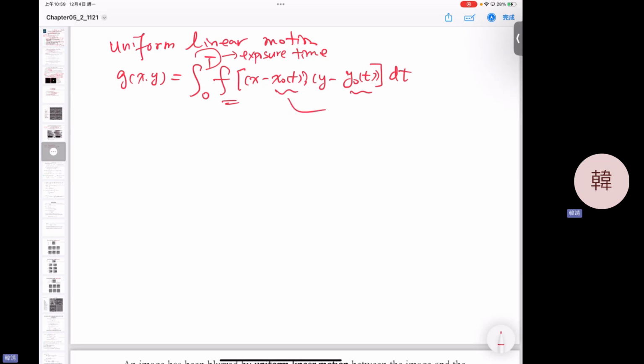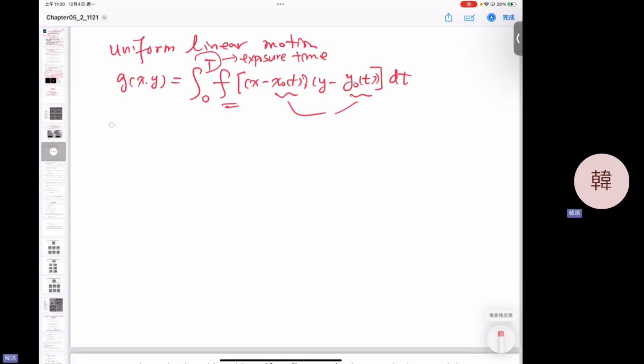If both occur, it's like a linear motion at 45 degrees or 30 degrees, whatever. If you take the Fourier transform of this, we will later see how to obtain the motion blur degradation function H(u,v) in the Fourier domain.